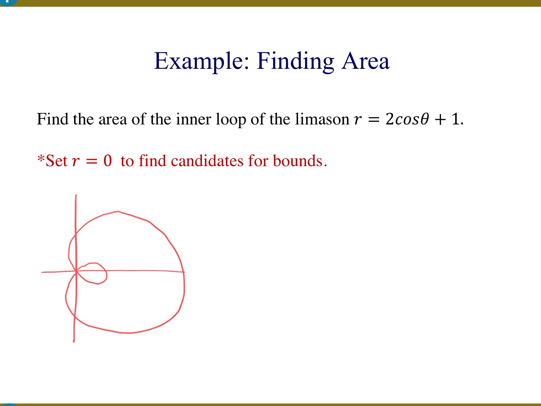We just want the area of the inner loop. So when is that inner loop getting created? When it forms the inner loop, what's the distance from the origin? Like 0, right? The boundaries are going to be set every time this thing crosses 0.